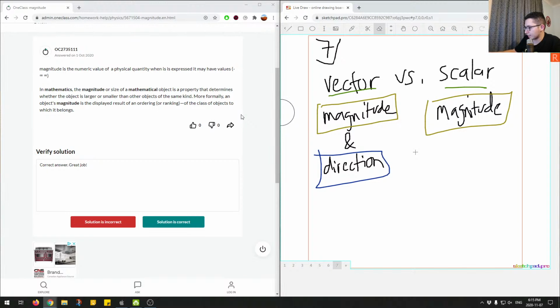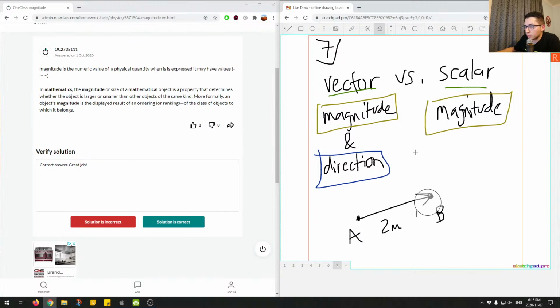So if we had some kind of vector, an arrow from this point to this point, or some person traveled from point A to point B, we would say that this vector represents a quantity that has magnitude and direction. So the magnitude is, let's say, 2 meters. The direction is that this person is traveling in this direction.